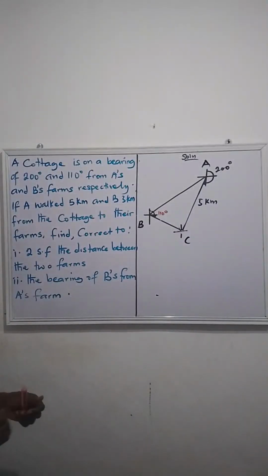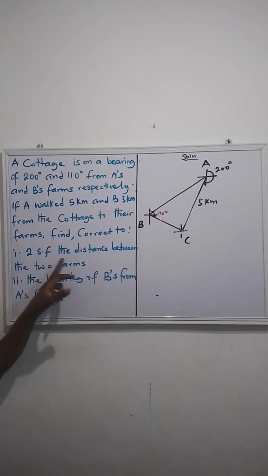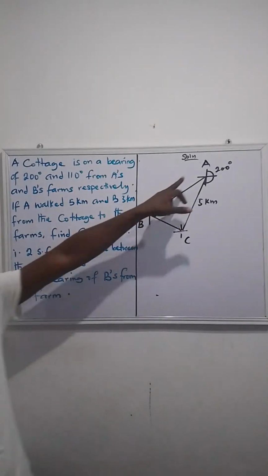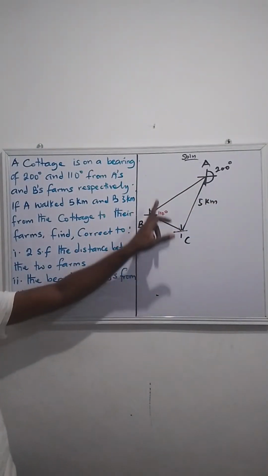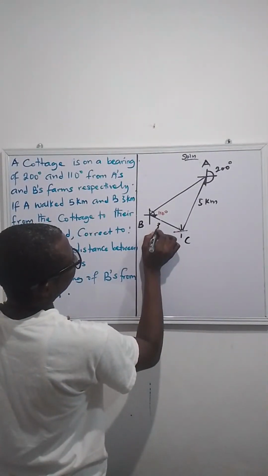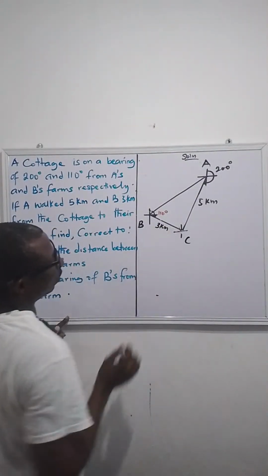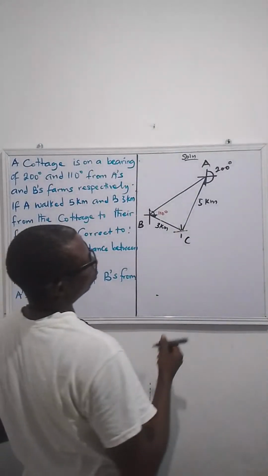Now the question says, find correct to two significant figures the distance between the two farms. So that is the distance between A and B. The distance here is 3 kilometers, which has been given in the question. So now let's analyze the angles we have here.